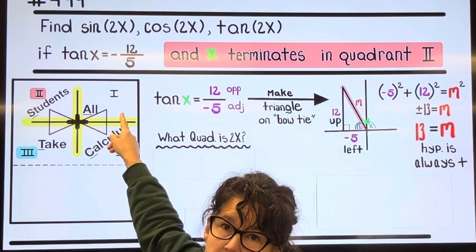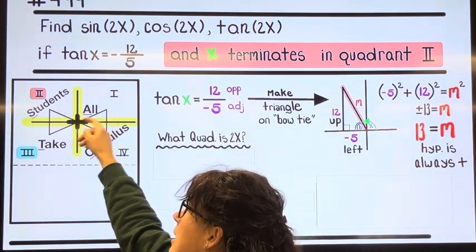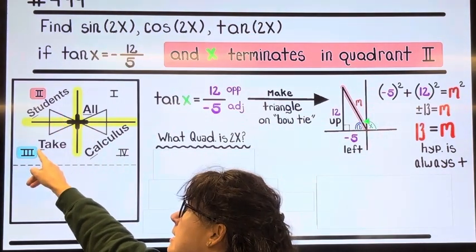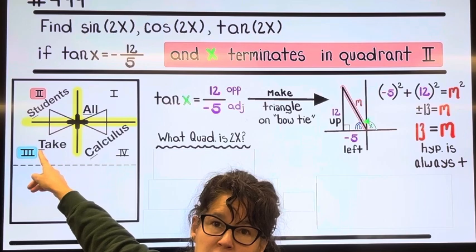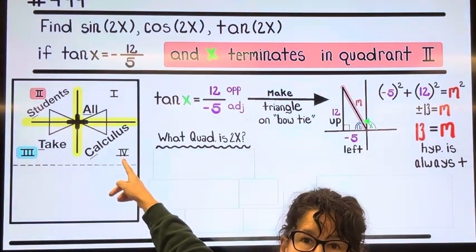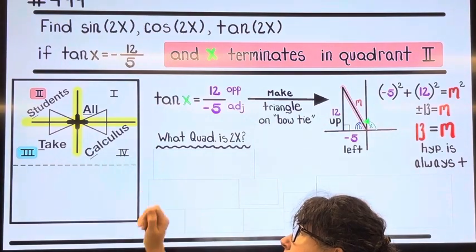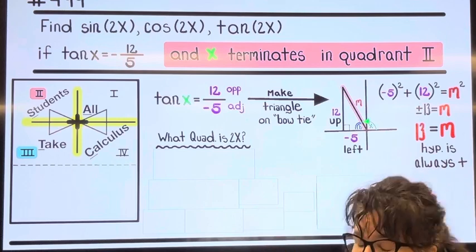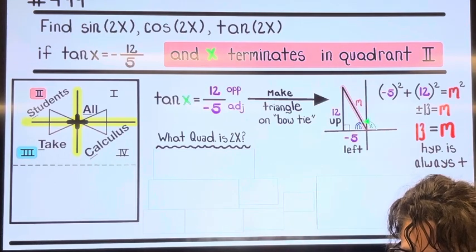In quadrant 1, all trig functions are positive. In quadrant 2, just sine and its reciprocal cosecant is positive. In quadrant 3, tangent and its reciprocal cotangent is positive. And in quadrant 4, cosine and its reciprocal secant is positive. So let's first figure out where x is, and then we'll know where 2x is.